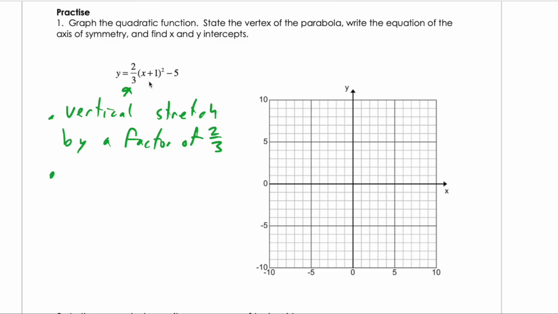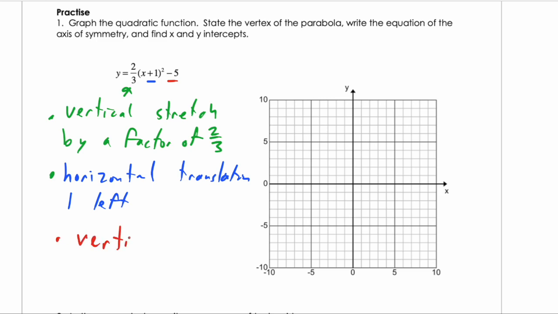And then we have horizontal translation, 1 left. And lastly, we've got vertical translation, 5 down.